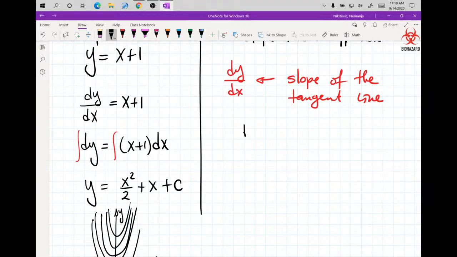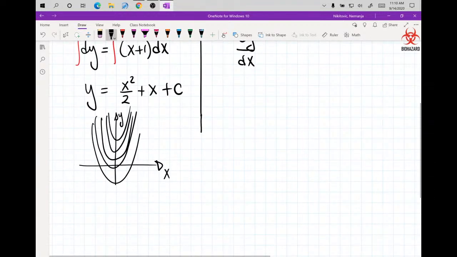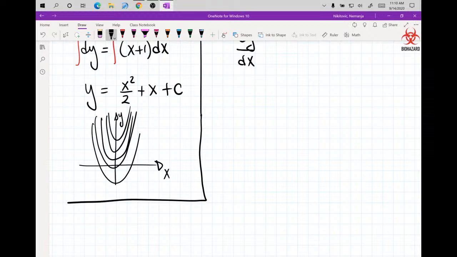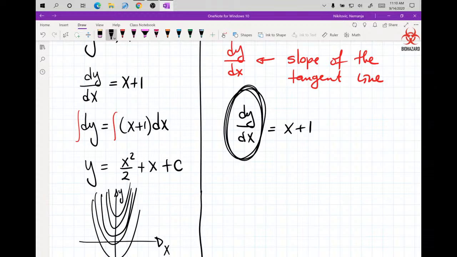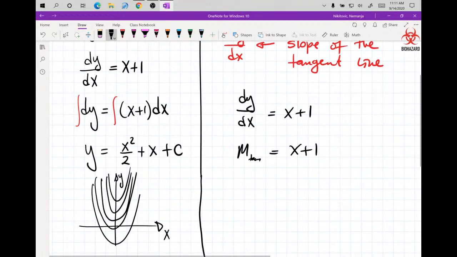So if I write dy dx, let me just box this off as stuff we did before. So if I have dy dx equals x plus 1, this is the slope of the tangent line equals this mess. So you can think of it as the m tangent equals x plus 1.